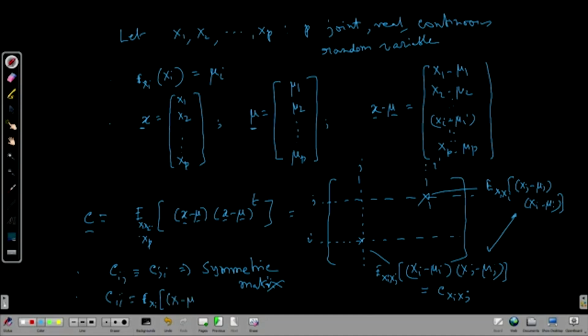So, xi minus mu i whole square, which is the variance, sigma xi square, the variance of xi, which is greater than or equal to 0. Variance cannot be negative, because this is a square and then you are averaging. So, this cannot be negative. Okay. So, I stop here. We will discuss properties of correlation matrix and covariance matrices in the next class. Thank you very much.